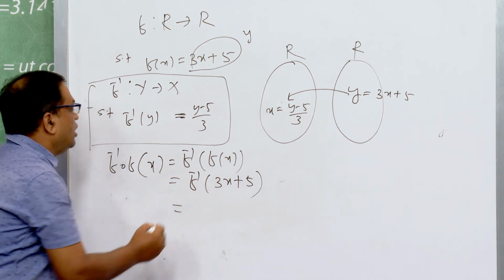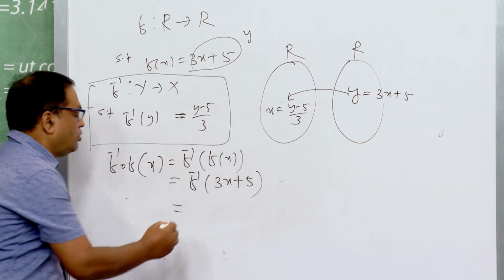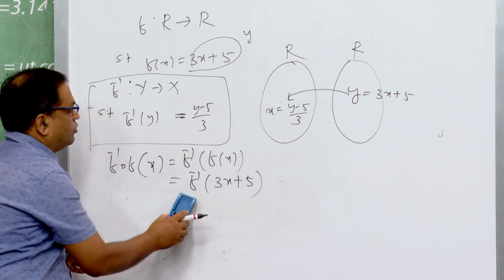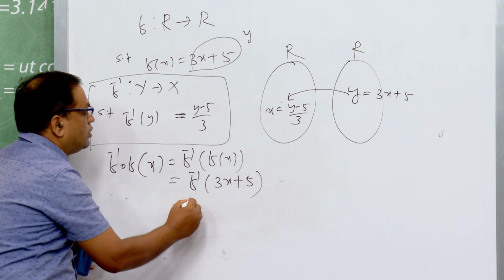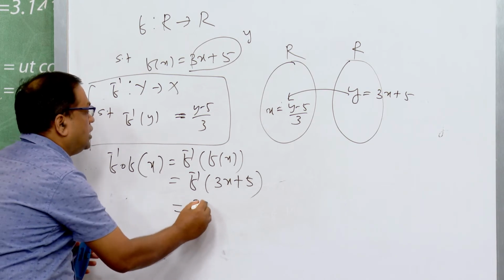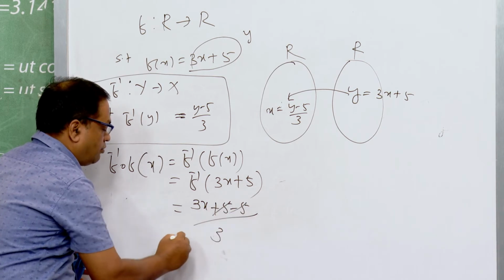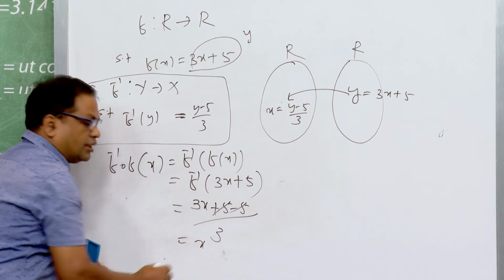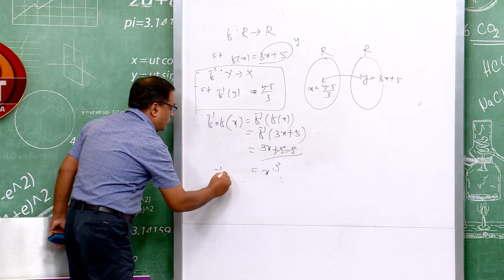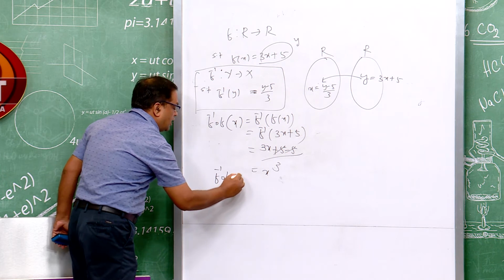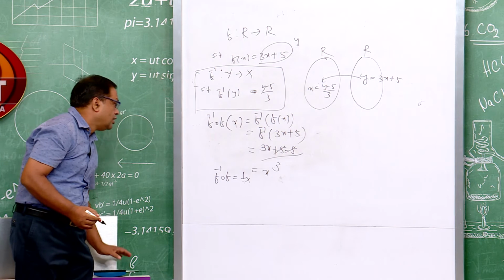Now f inverse of y is equal to (y minus 5) by 3. Put the value of y equal to 3x plus 5. So it will be (3x plus 5 minus 5) by 3. 5 cancels out, 3x by 3 is x. So f inverse composition f is the identity function on X. So we have verified.